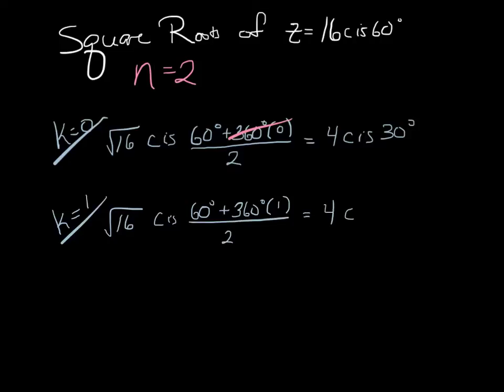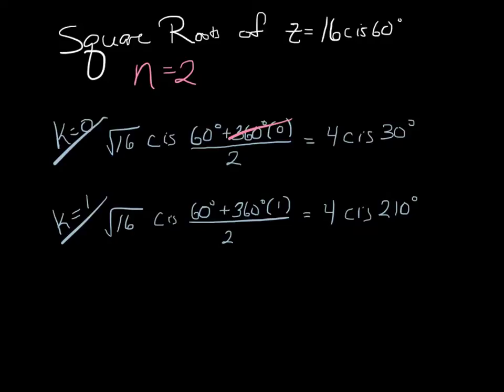We get 4 cis 210. So here we'd have 60 plus 360 is 420, divided by 2 gives us 210 degrees. So these are our 2 square roots, 4 cis 30 and 4 cis 210.